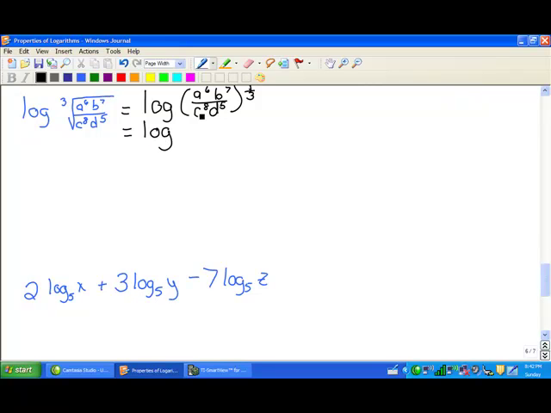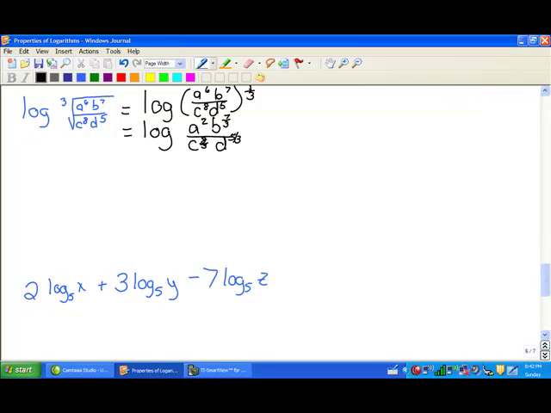So this really means we have the log of a to the 6th power raised to the 1/3, so 6 times 1/3 is 6 over 3, or 2. b raised to the 7th power, again raised to the 1/3, well 7 times 1/3 is going to be 7/3. c to the 8th raised to the 1/3, 8 times 1/3 is going to give me c to the 8/3. And d to the 5th raised to the 1/3 will give me d raised to the 5/3.